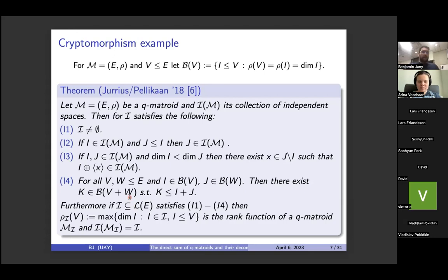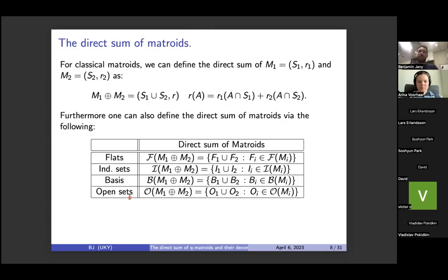Okay, so now that we've looked at the cryptomorphism, let's get into the direct sum. Let's refresh our minds with the direct sum of classical matroids, which is not too difficult to define. If I start with two matroids M1 and M2, they have respective ground sets S1 and S2.